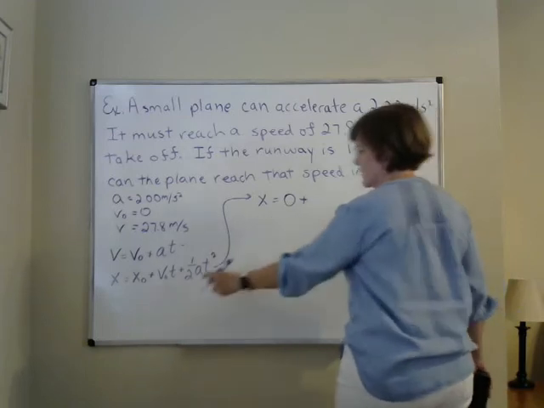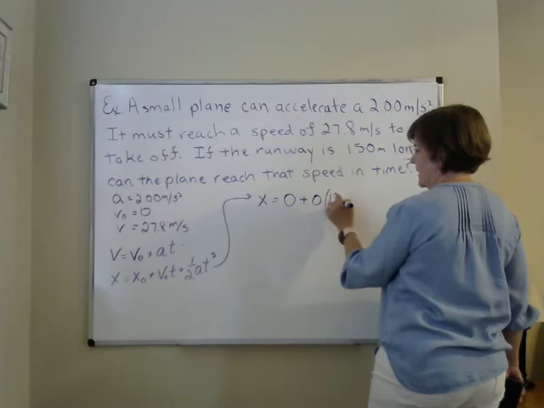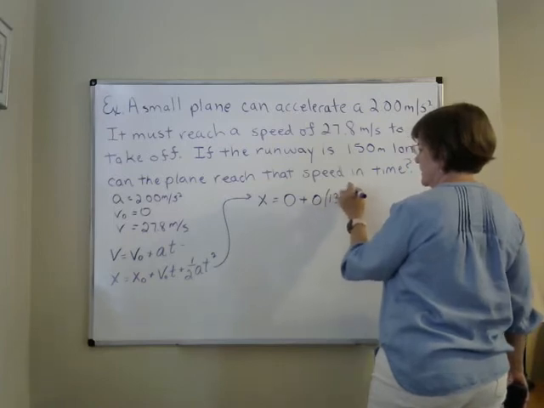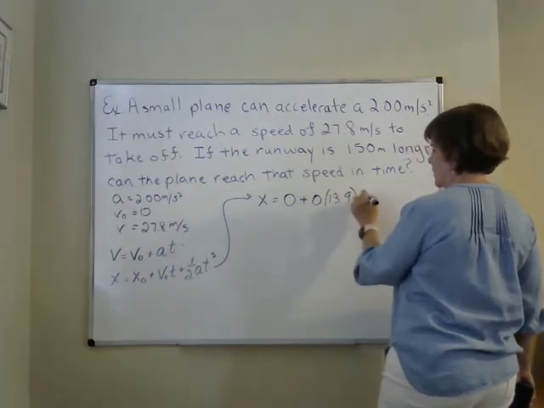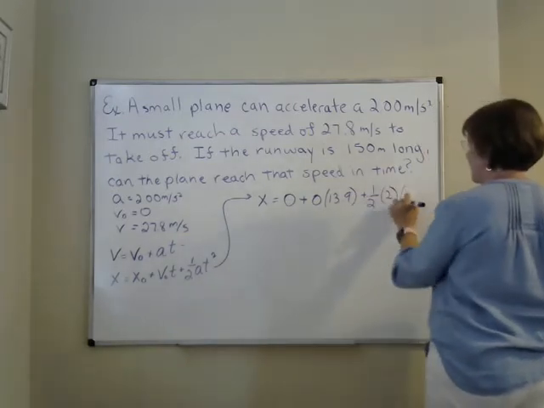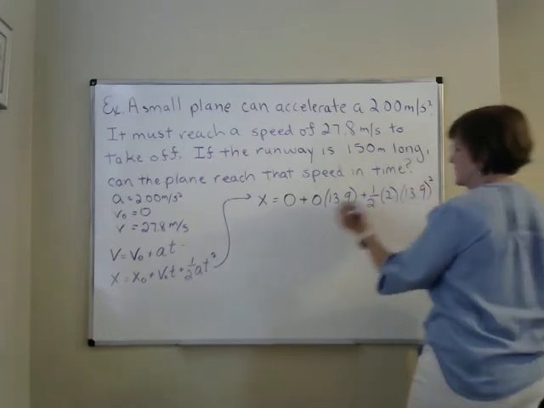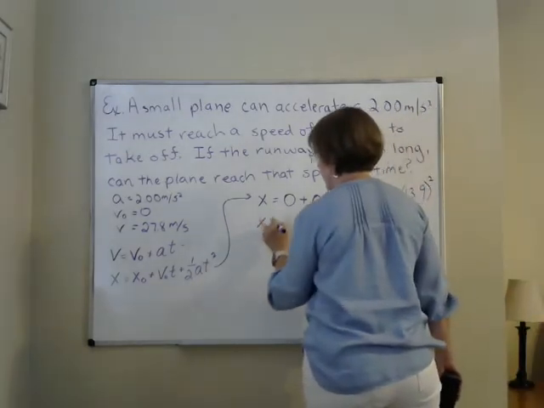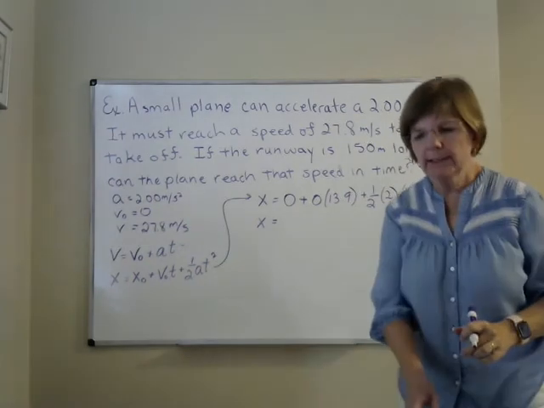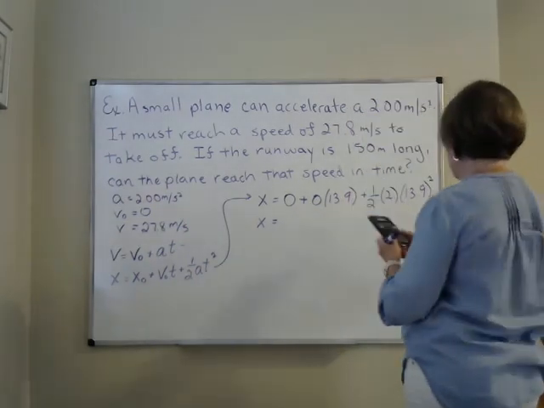V0 is also 0. Start with initial. 13.9 seconds plus 1/2. The acceleration was 2. 13.9 seconds squared. I'll need a calculator.